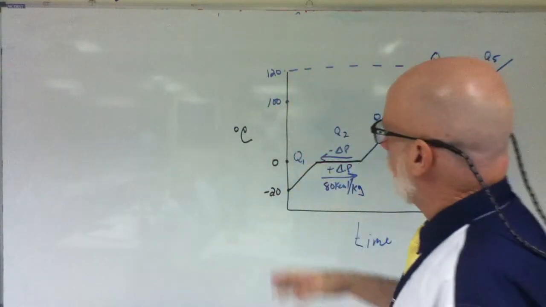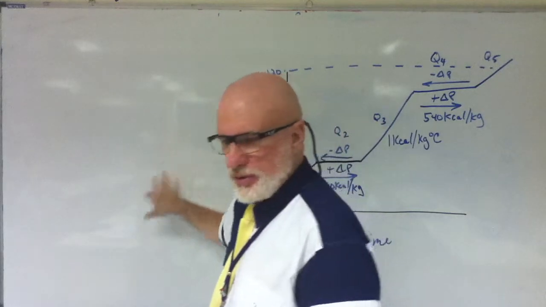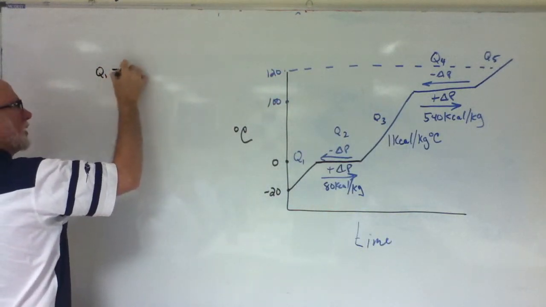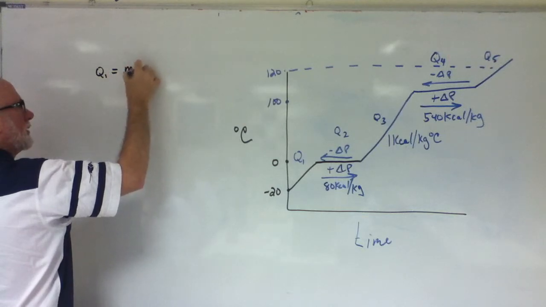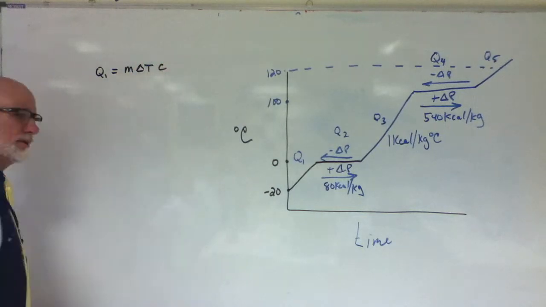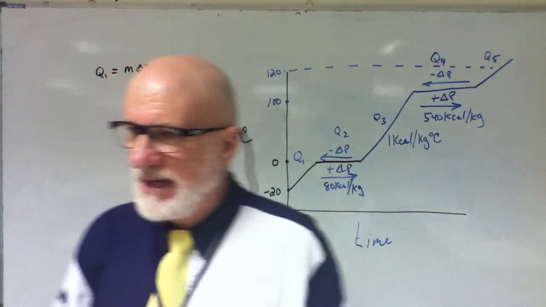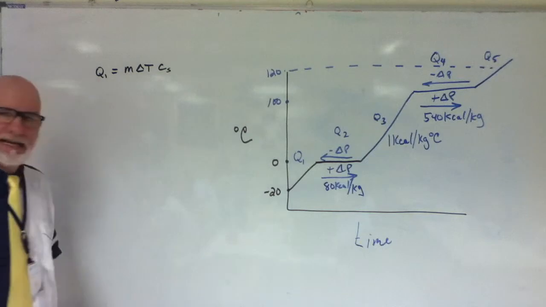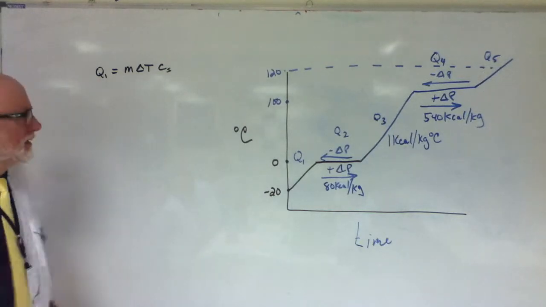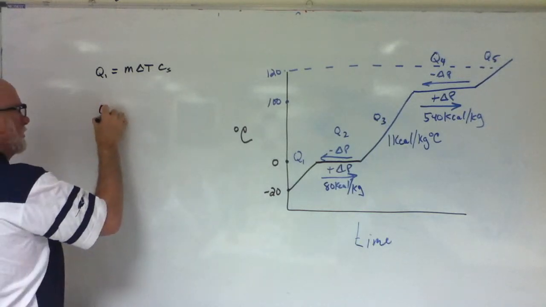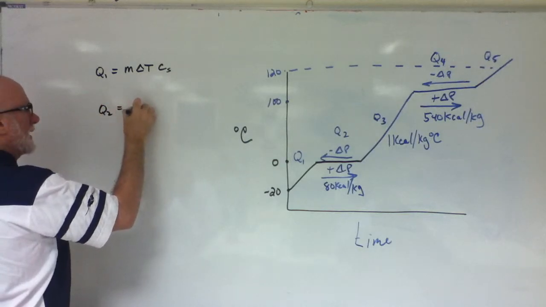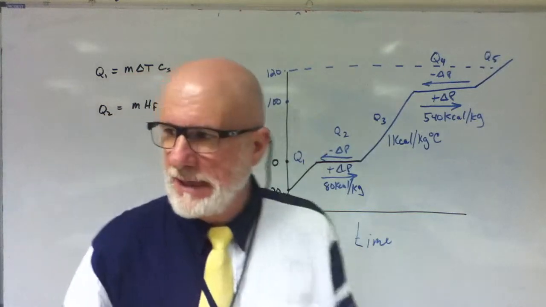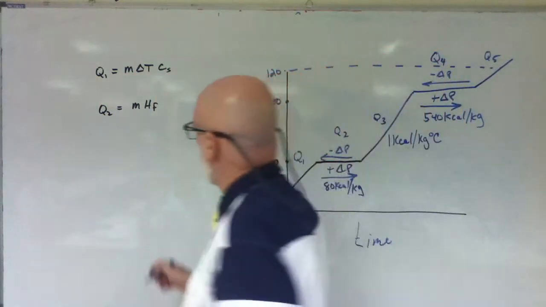Now, right over here we'll write the different Qs, okay? So, Q1 is going to equal M delta T C. C is the specific heat capacity, and it's going to be for the solid, ice, correct? Q2 is going to be the mass times the heat of fusion. Is that easy? Yes?